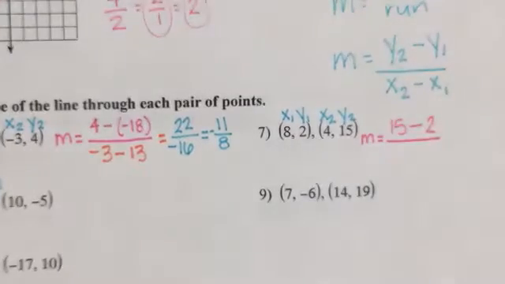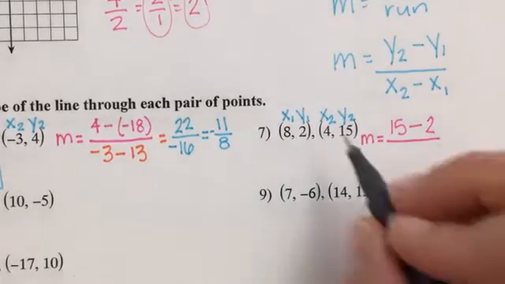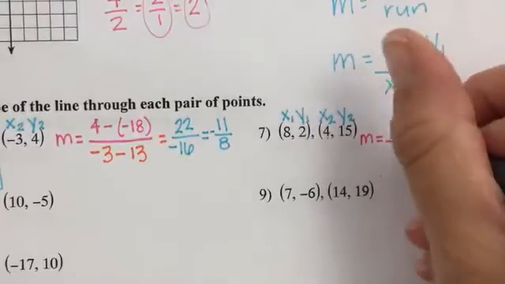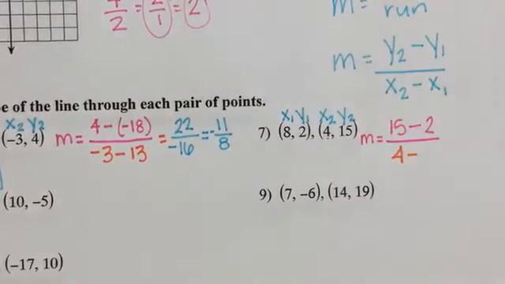Okay, Maura, what's my x2? 4. 4 right here, yep. So it's gonna be 4. Annie, what is my x1? 8.